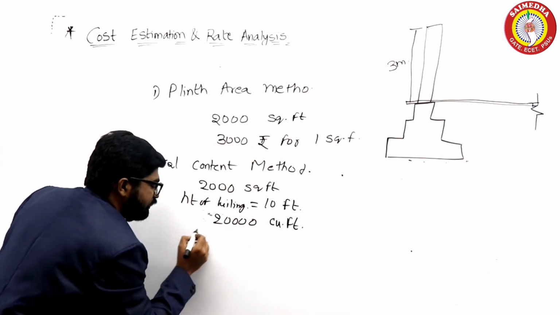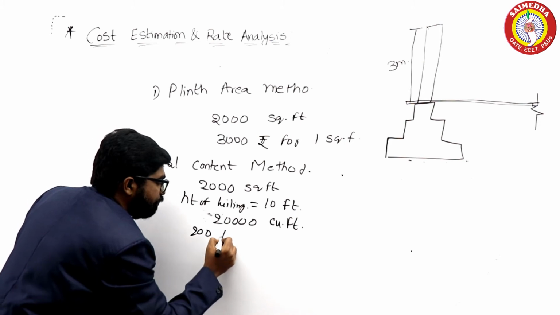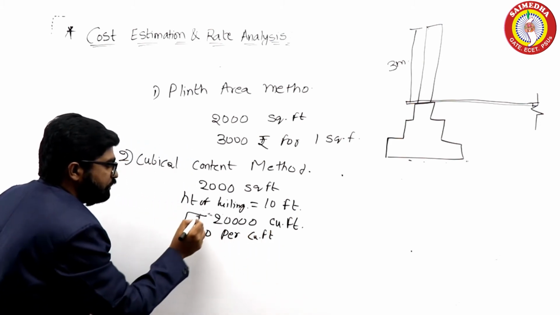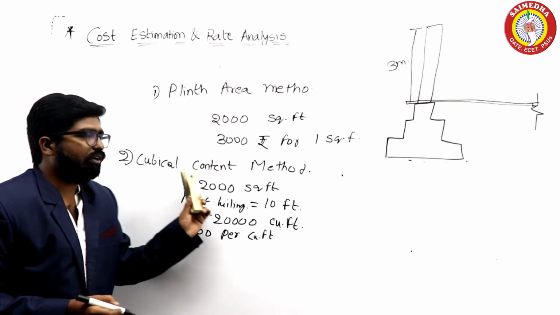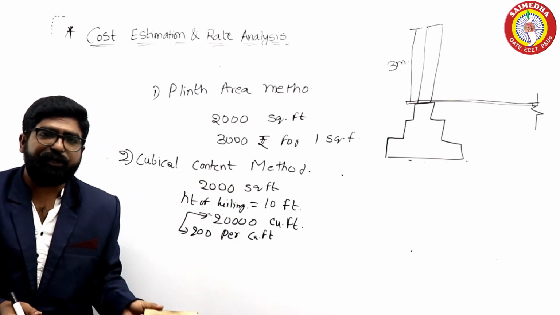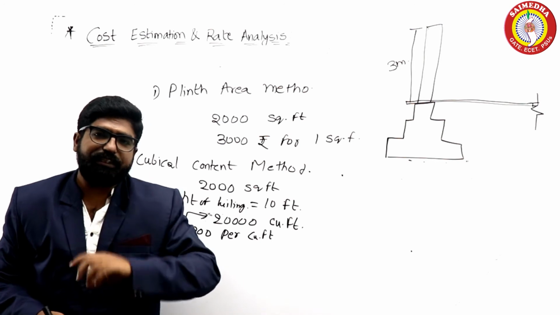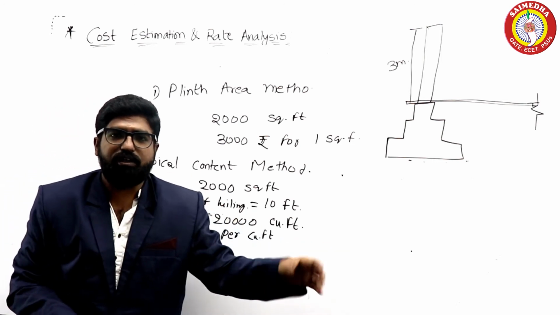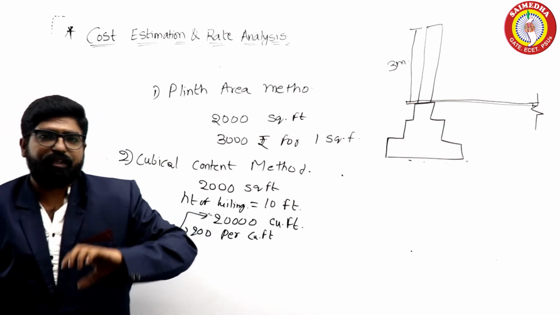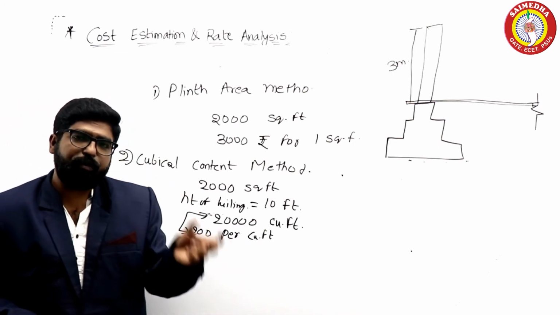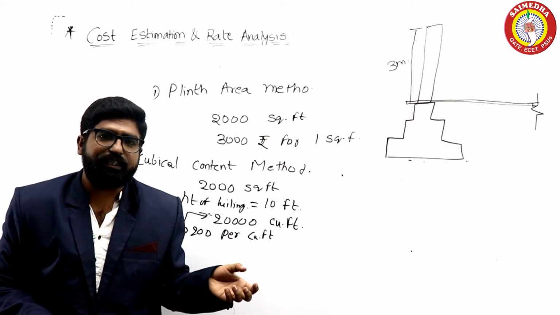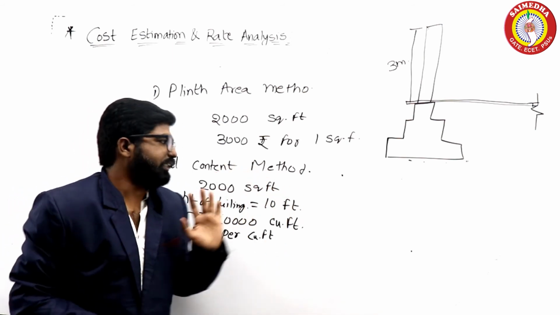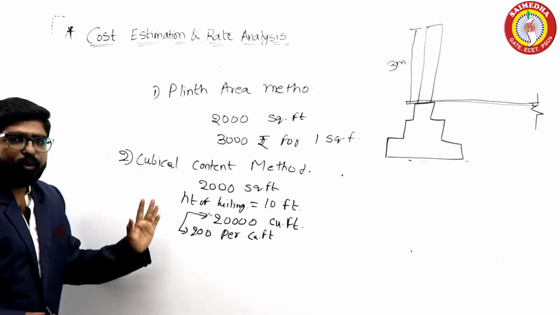So when I get a cost of 200 per cubic feet, I can multiply these two values and get the overall contract value. Once I get the overall contract value, then I can add the percentage of sanitary, and add the percentage of electricity. After adding them all and doing addition for the supervision cost and also for the contractor's profit, then you will get the overall cost of the completion of the project. So like this, you will go for the cubicle content method.